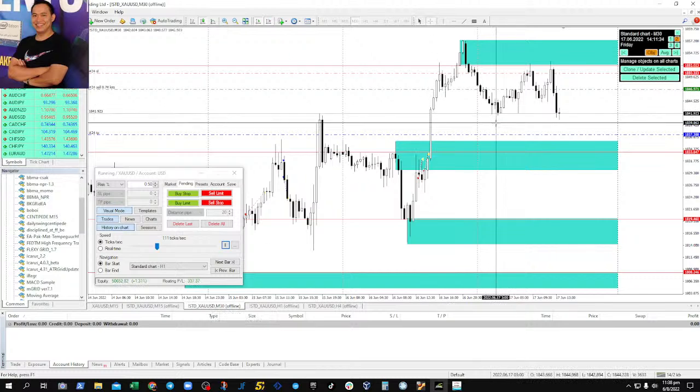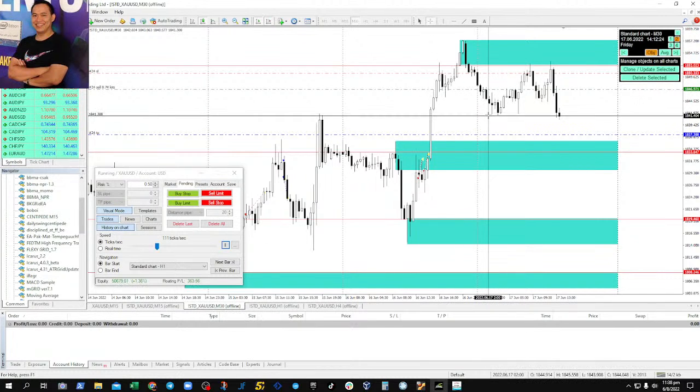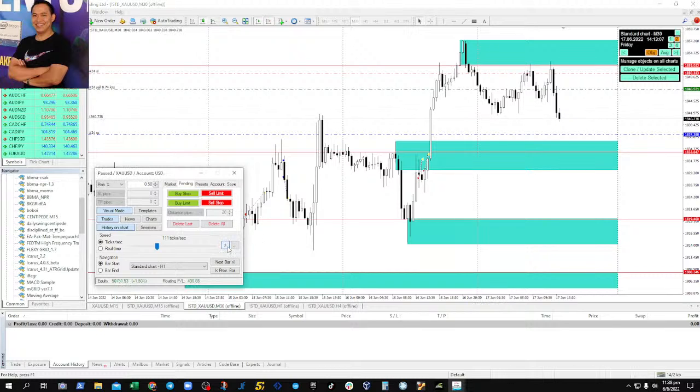It does break the low here. This is a rejection zone. Okay, I'm gonna close this trade now because I'm worried about the reaction of this candle.